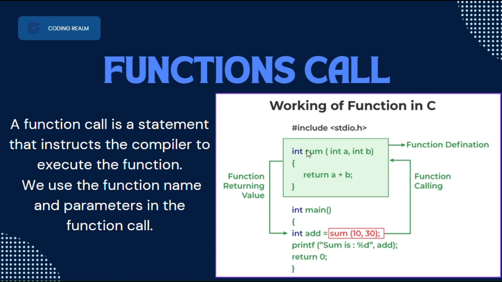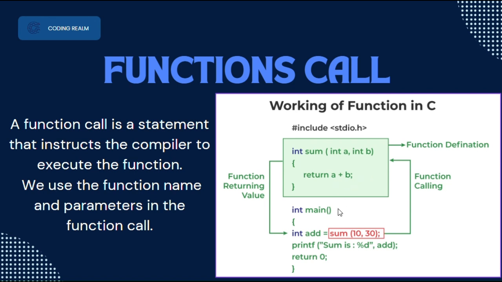First, I need to put the function definition. The data type here is integer. The function name is sum. Parameter 1 is a, parameter 2 is b, and I need to find the sum of a plus b. Return a plus b, the sum.